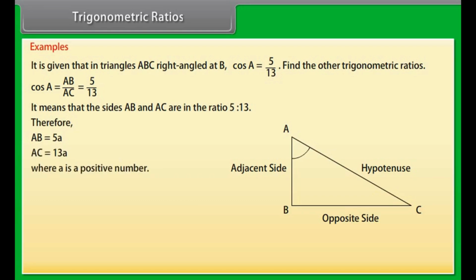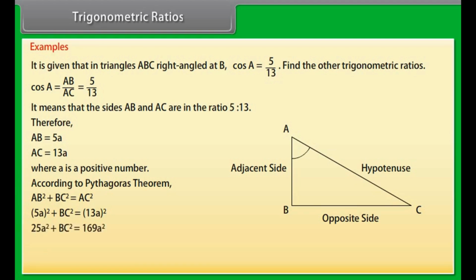According to Pythagoras' theorem, AB square plus BC square is equal to AC square. By substituting the values, we get 5a square plus BC square is equal to 13a square. Now, by calculating it, we get BC as square root of 144a square, which is 12a.